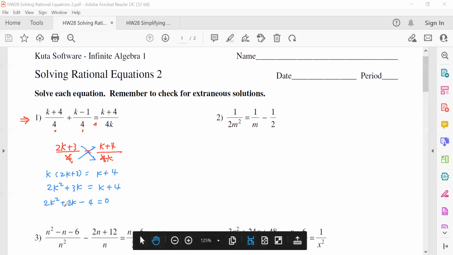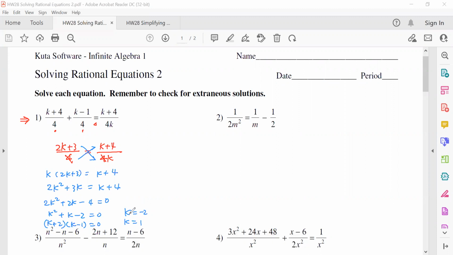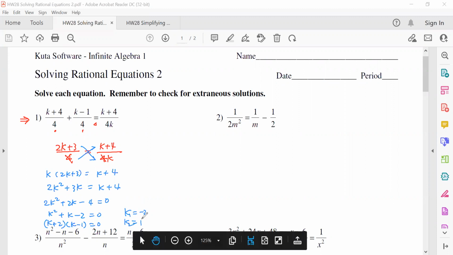So we take 2 away, dividing both sides by 2, and you get k squared plus k minus 2 equals 0. So we can use the factor method: k plus 2, k minus 1 equals 0. So you can get k equal to -2, k equal to positive 1. So you have two solutions.